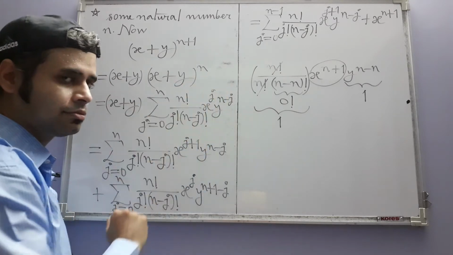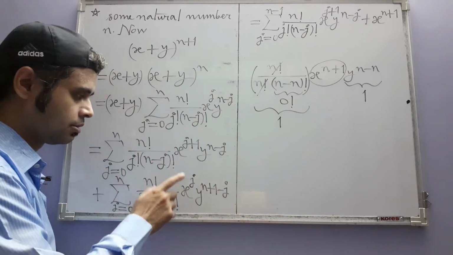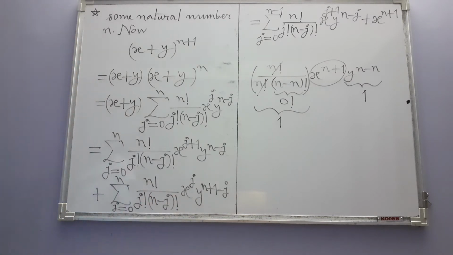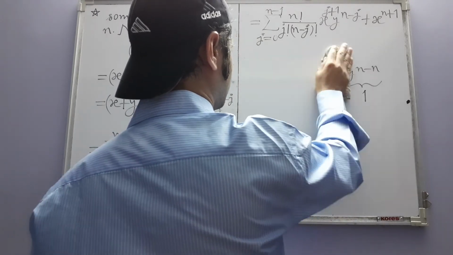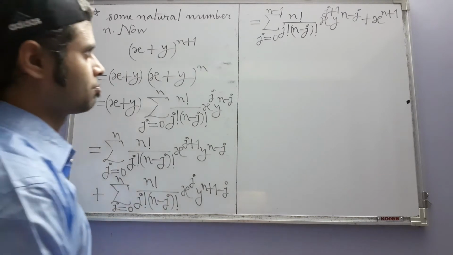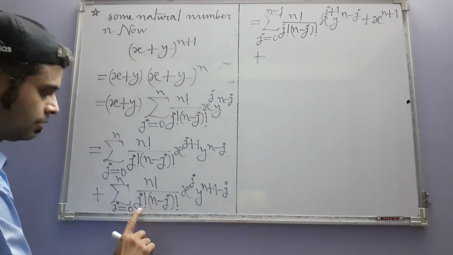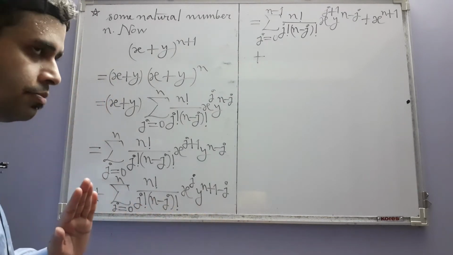That one we will write first, followed by this series which has one term less than the original series. So plus this thing when j is equal to 0.